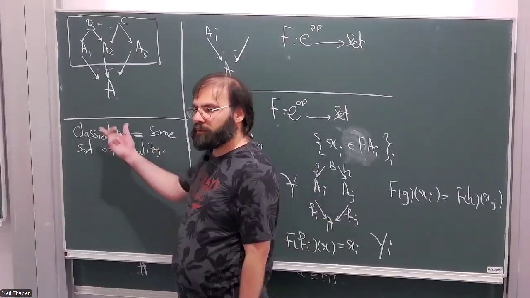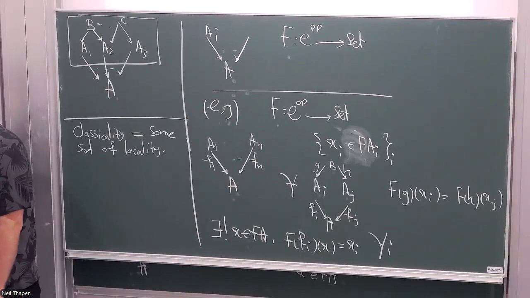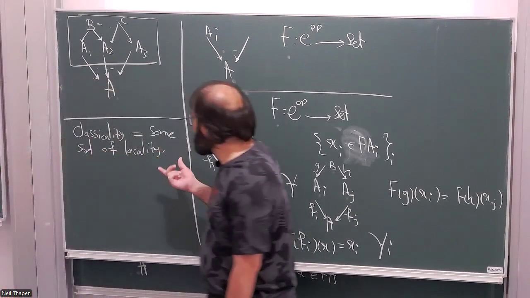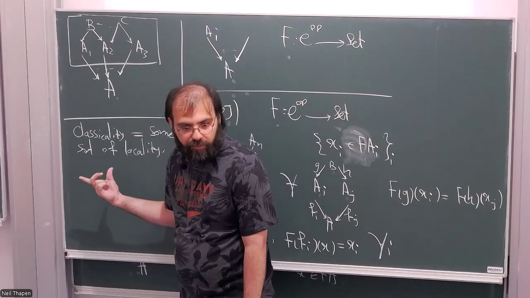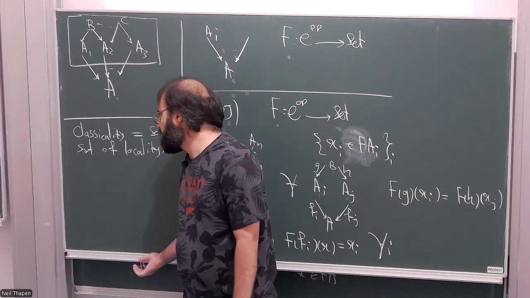So if you are a logician, you work with classical things. This is kind of working with dense coverage. We had coverages because we wanted to work with some local things, right? So it is some sort of geometry, if you like, some sort of locality, being classical.